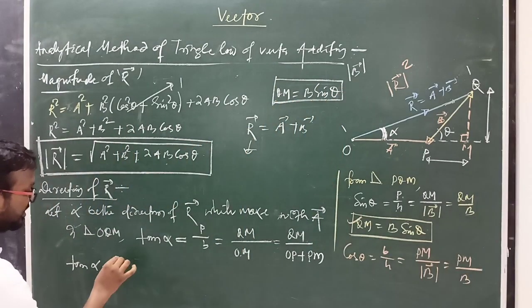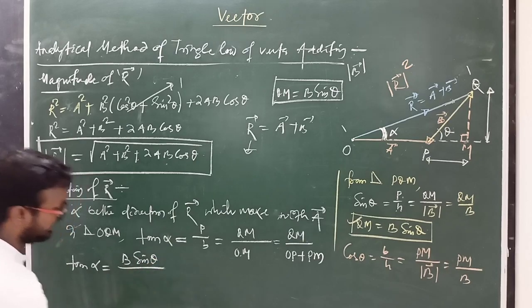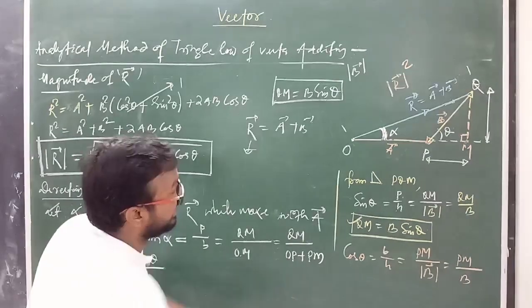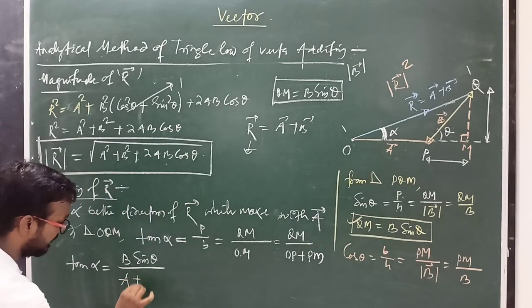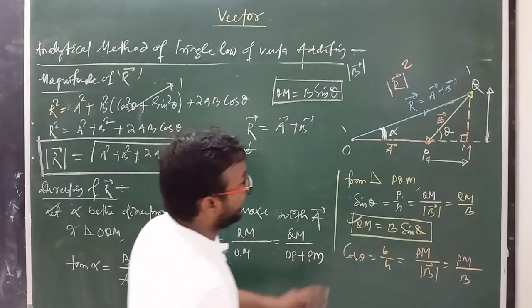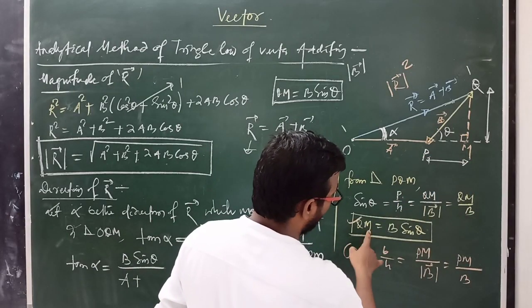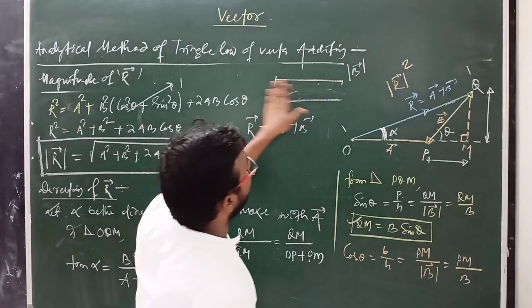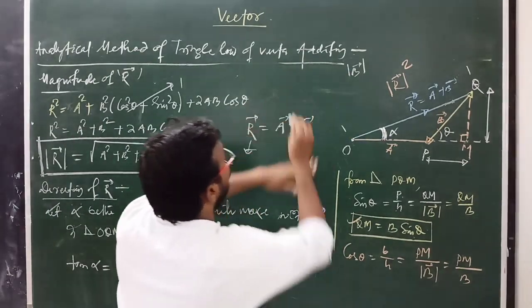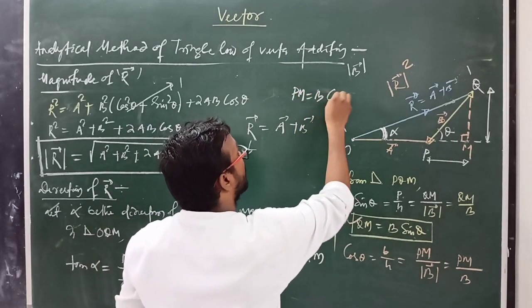So using the relation here, B sin theta divided by OP, the value of OP is equal to A, magnitude of A, plus PM. What is PM? We have the relation PM equals B cos theta.